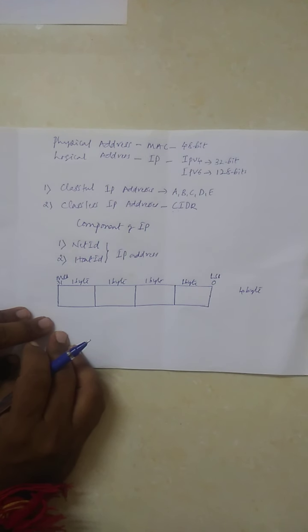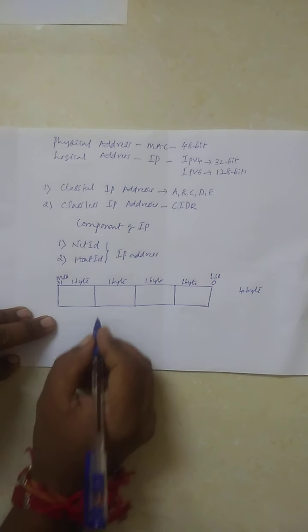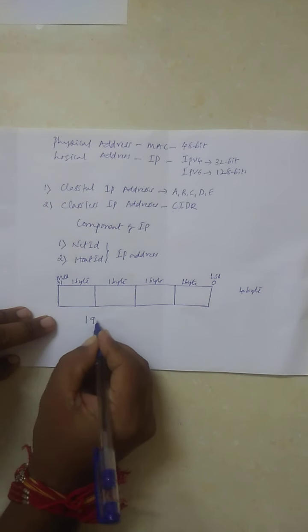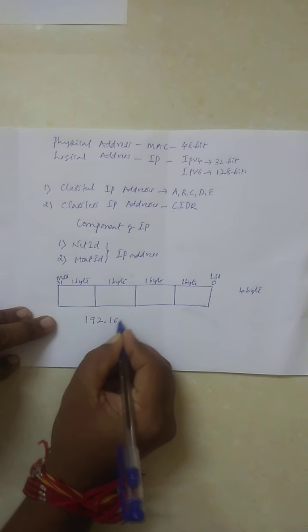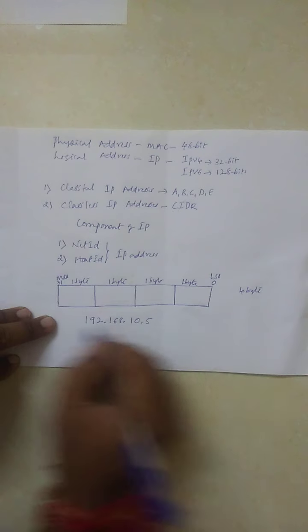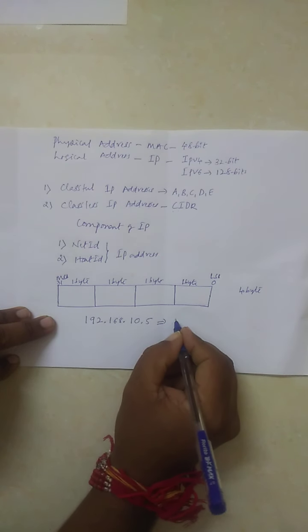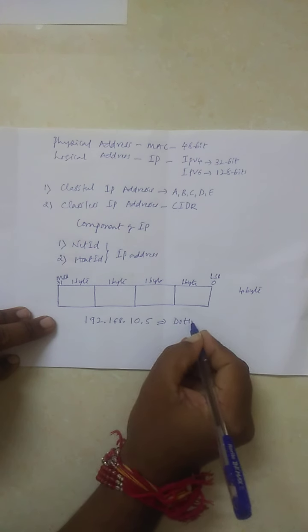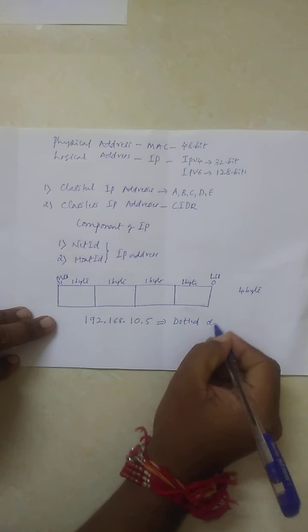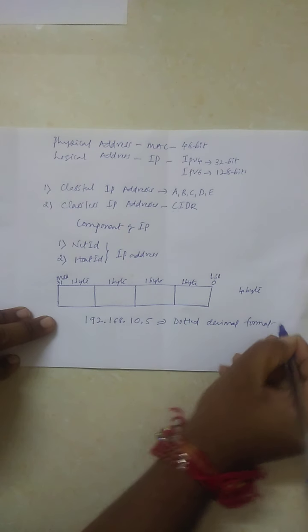How do I represent this IP address in dotted decimal format? For example, 192.168.10.5. This IP address we call a dotted decimal format.